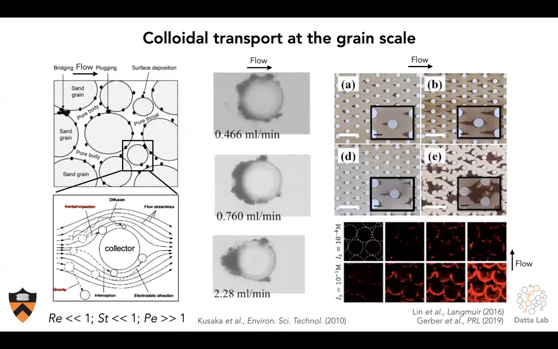And people have also started to explore the influence of changing chemical conditions. So for example, if you change ionic strength, how does that change this process by which colloidal particles get stuck or not in these porous media? This is at the scale of individual grains, right? So that's one end of the spectrum.